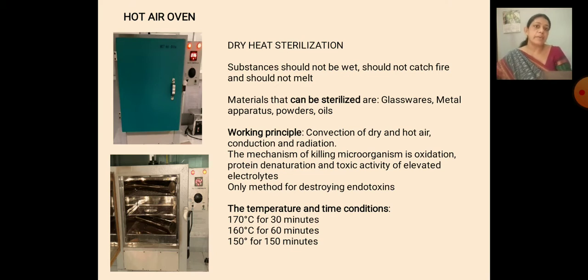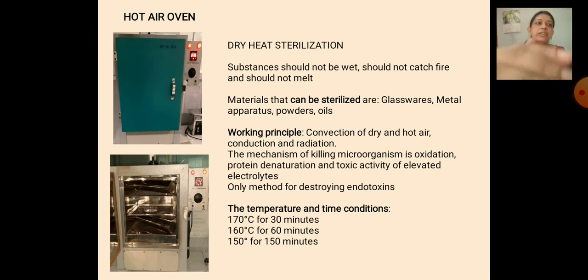What is the working principle? That means, on what basis will the dry heat kill the microorganisms? The three methods of dry heat transfer are convection, conduction and radiation. I repeat, convection, conduction and radiation. Conduction is direct contact.